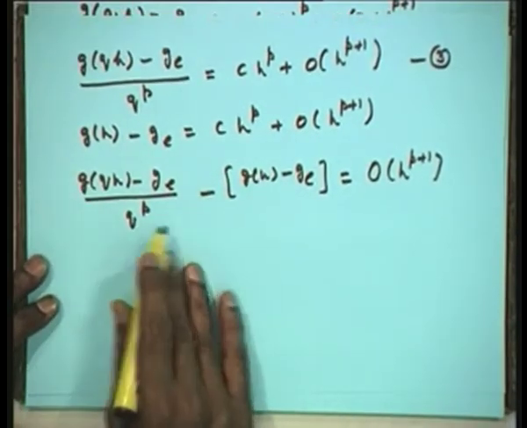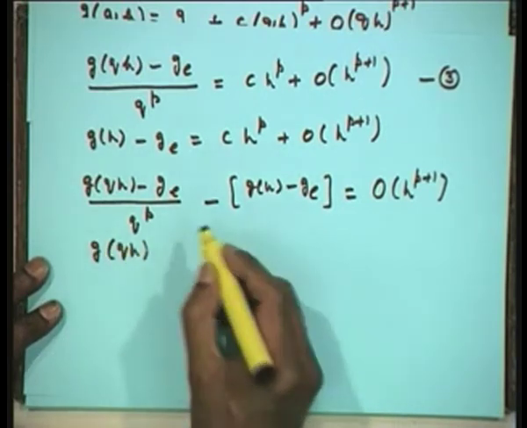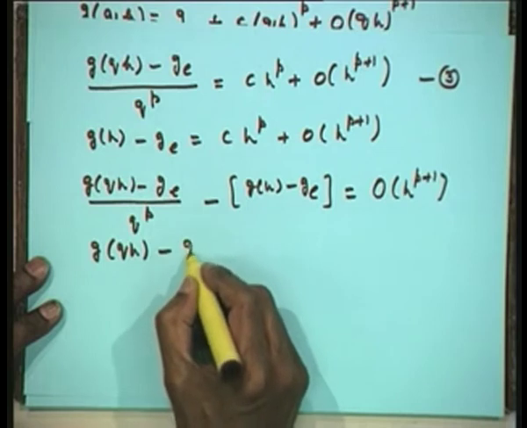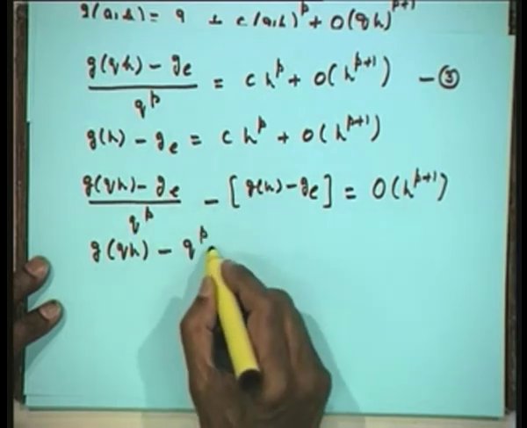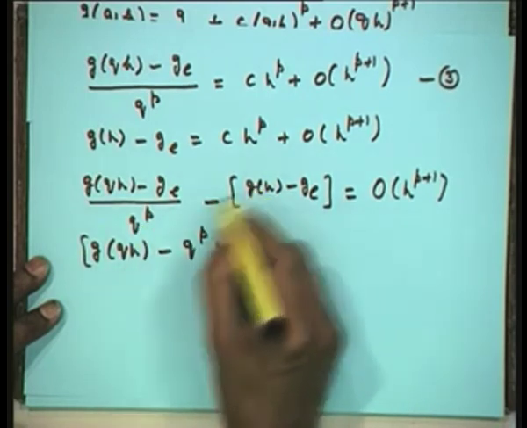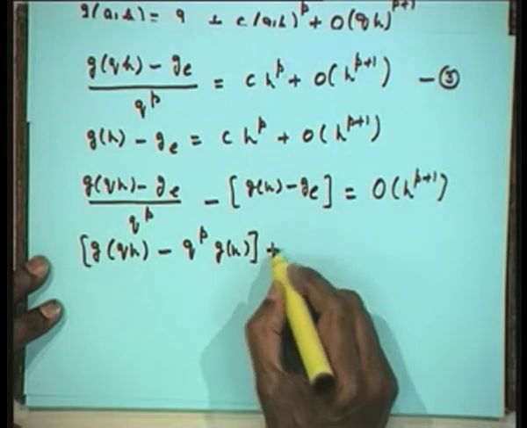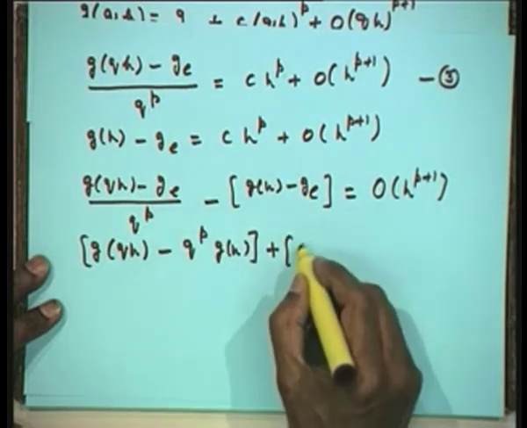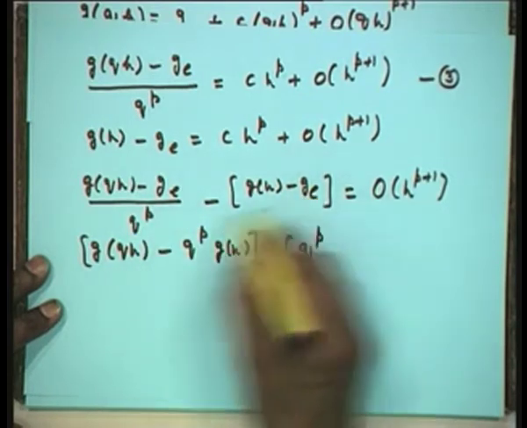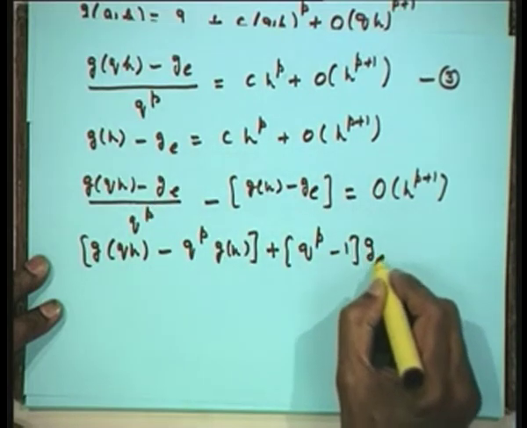Now, let us simplify this. This is g of q h minus, I will first write this q to the power of p into g of h. I multiplied this and combined this, then this is plus q to the power of p into g of e minus 1 of g e.